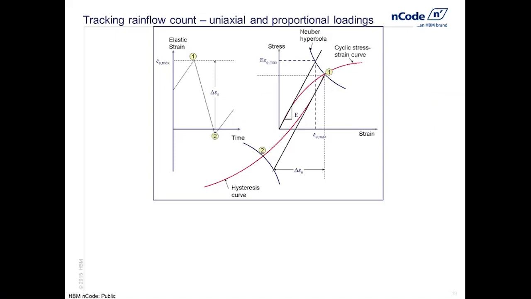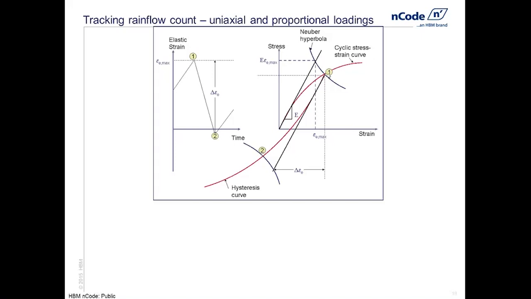Now, the local strain approach depends on calculating the size and position of a number of hysteresis loops, which we conventionally do by positioning the largest loop using the cyclic stress strain curve and each subsequent strain excursion using the hysteresis curve. So in this case, we find the maximum point of the cycle, point 1. We position that using the cyclic stress strain curve.